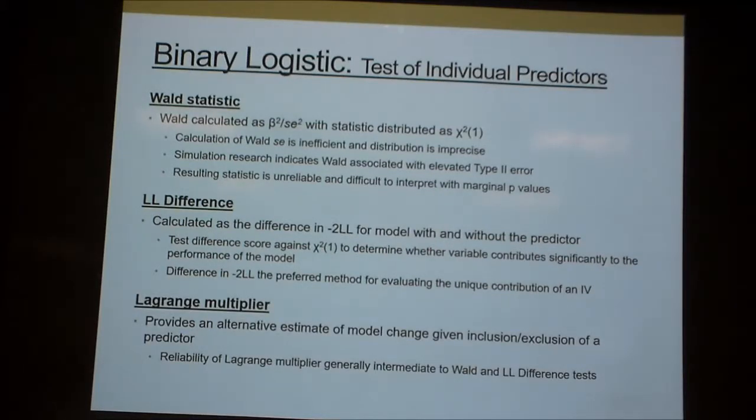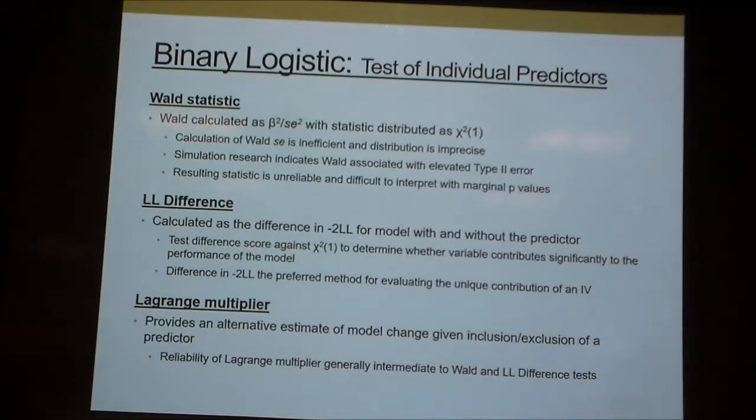Last, there's something called the Lagrange multiplier. It just takes a little bit of a different approach. It calculates the overall estimate of model change given inclusion or exclusion, so it's a slightly different estimator. The Lagrange multiplier is somewhere intermediate to your Wald and your log likelihood difference. I'll show you where these tests are in SPSS.